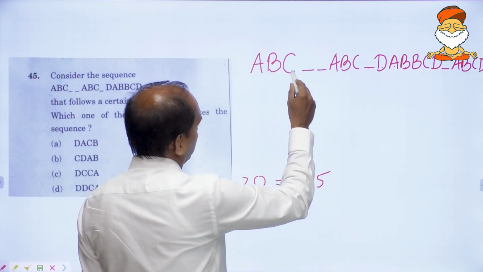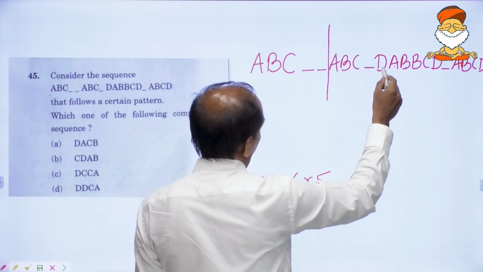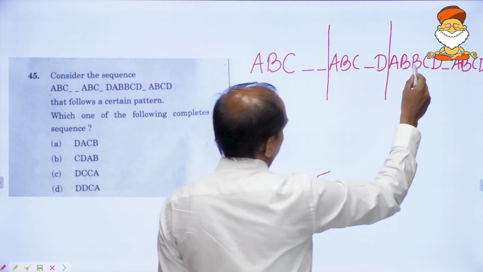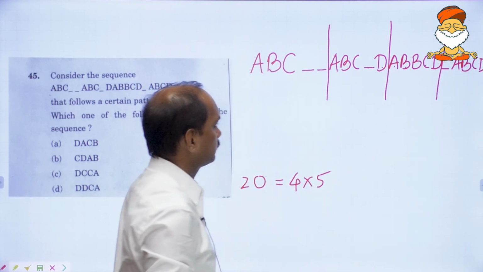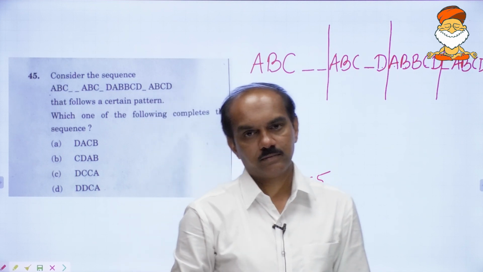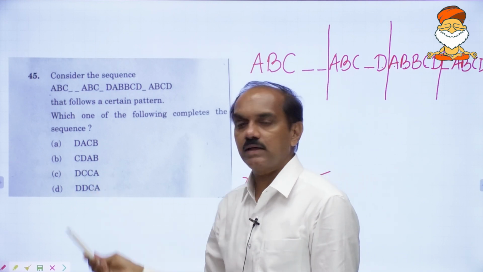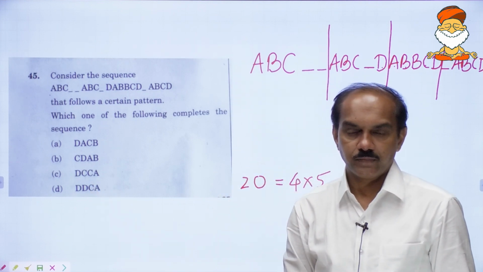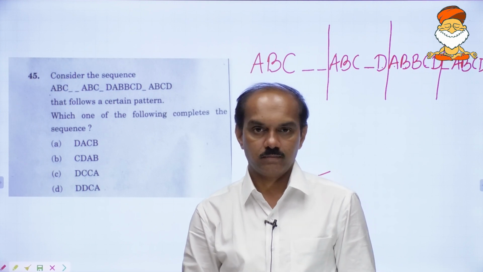So 1 2 3 4 5, 1 2 3 4 5, 1 2 3 4 5, 1 2 3 4 5. And after filling up all the blanks using these options, they must show one or the other pattern.